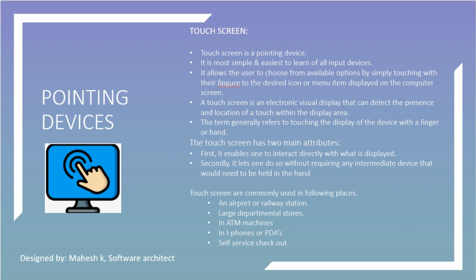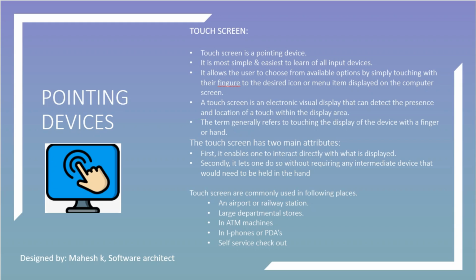The term generally refers to touching the display of the device with a finger or hand. The touch screen has two main attributes. The first is that it enables one to interact directly with what is displayed. Second, it lets one do so without requiring an intermediate device that would need to be held in the hand.